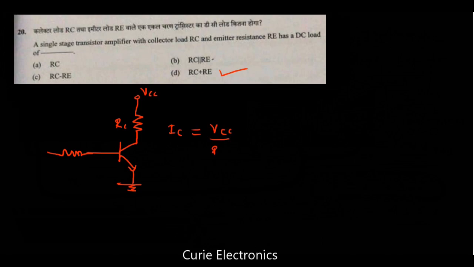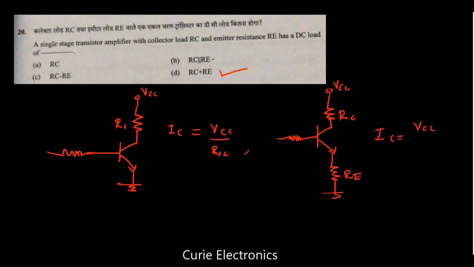But if the circuit has a collector resistor RC and an emitter resistor RE, then a base resistor, and the remaining everything is the same with VCC, the equation for IC is VCC upon RC plus RE. So the answer is RC plus RE.